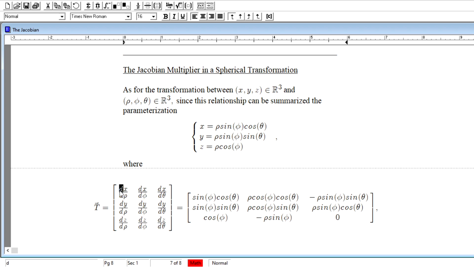So we go through, and it's going to be all these partials that are going to now make up this transformation matrix, where we can calculate these partials for the parameterization given above, right? And you can see that I do fill these partials in on the right-hand side of this result.